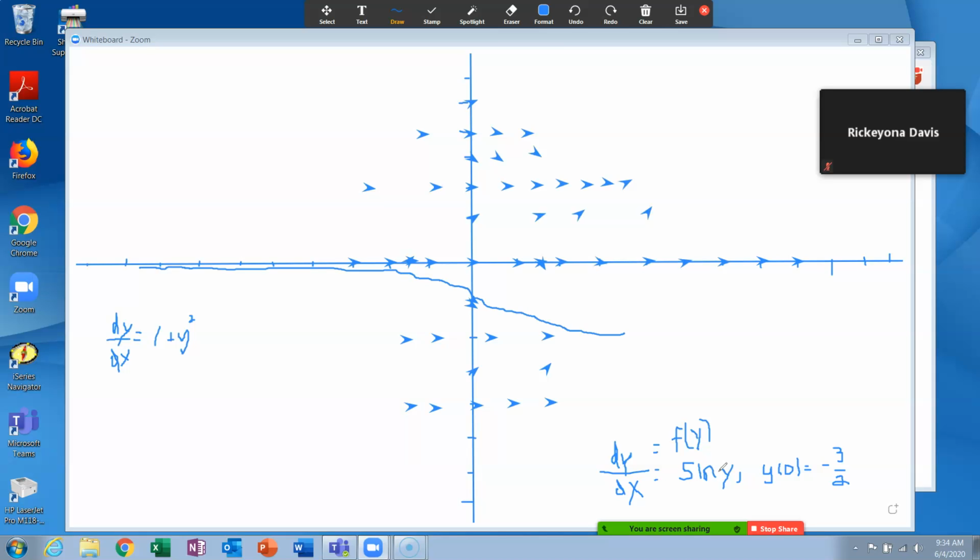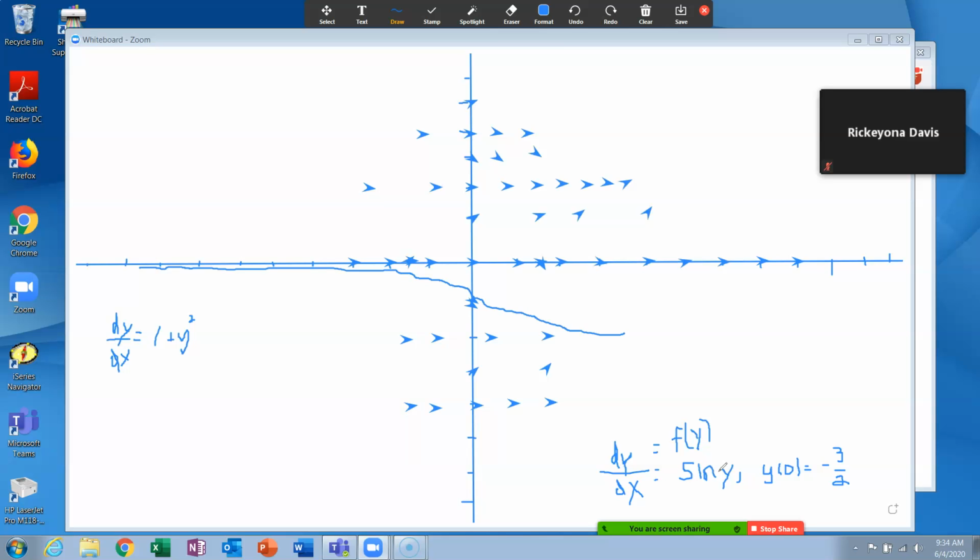Now, with an autonomous differential equation, like we've just been describing, the zeros of the function f are of special importance, and we say that a real number c is a critical point of the autonomous differential equation if it is a zero of f. In other words, f of c is equal to 0.